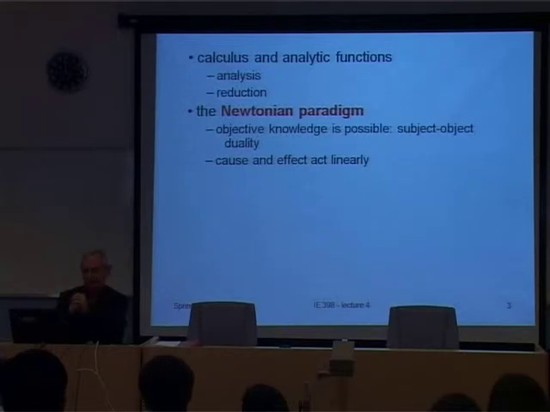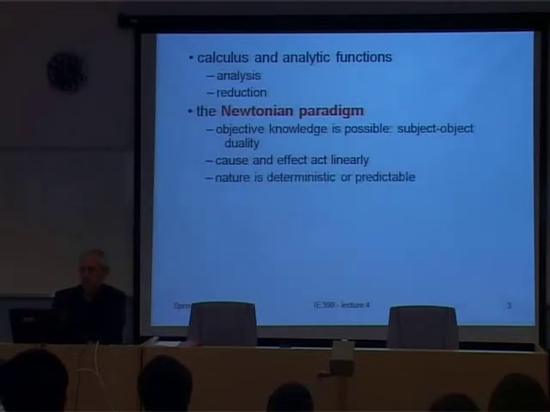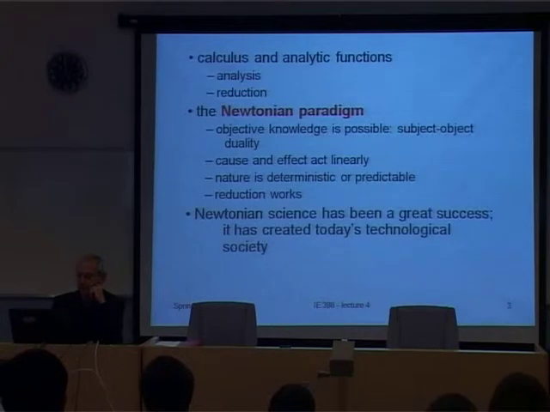That's again linearity. Of course, there are nonlinear systems as well, but in linear systems, this is what they do. Most engineering works like this. Nature is deterministic, and if it's not deterministic, even if it is probabilistic, then the probability distributions are known, which we can use to make predictions. It's predictable. And reduction works.